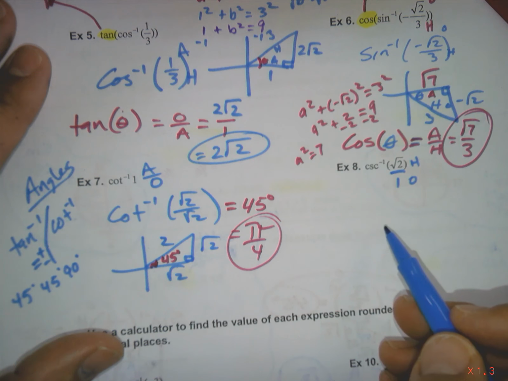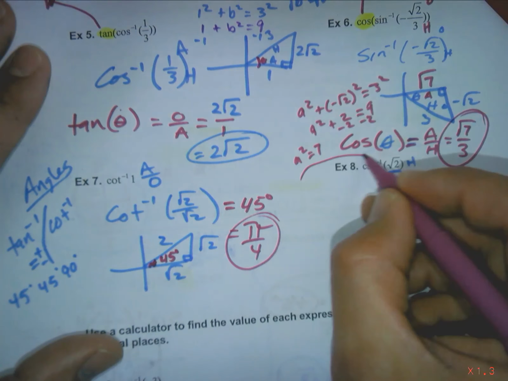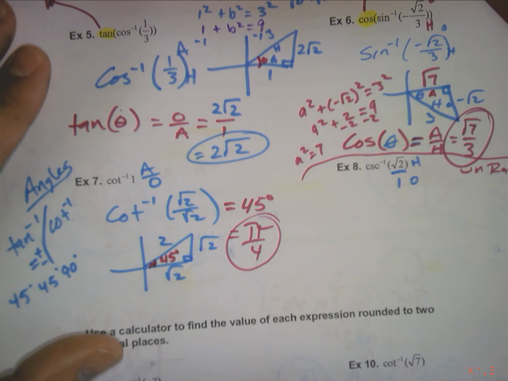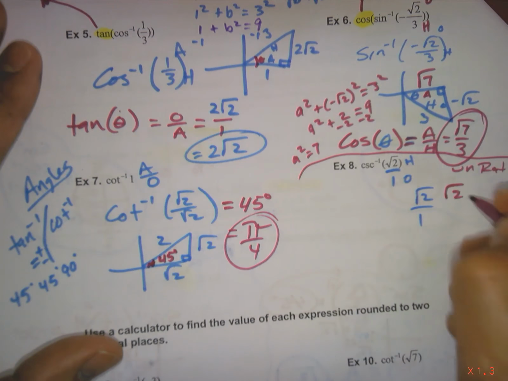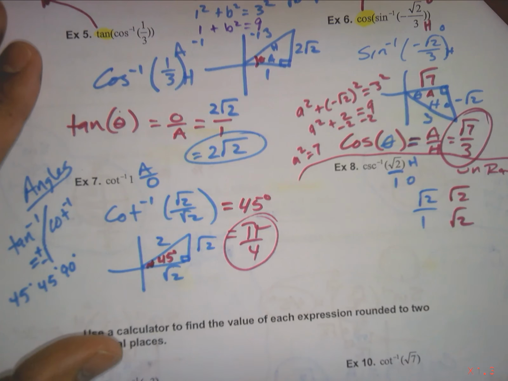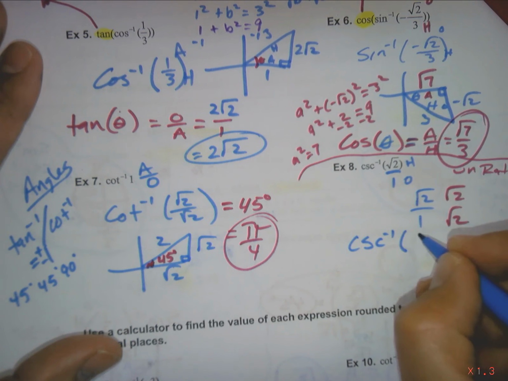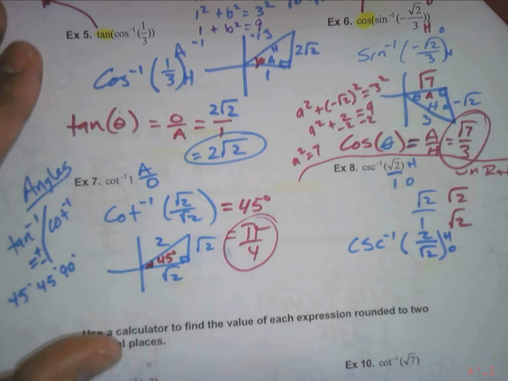They rationalized it, so we can unrationalize this guy. So again, if I have root 2 over 1, I can multiply by root 2 over root 2. And now this is, for us, the inverse cosecant of 2 over root 2, where that's H and that's O.